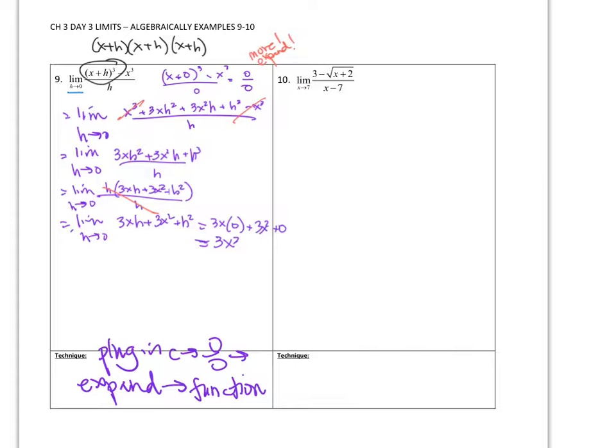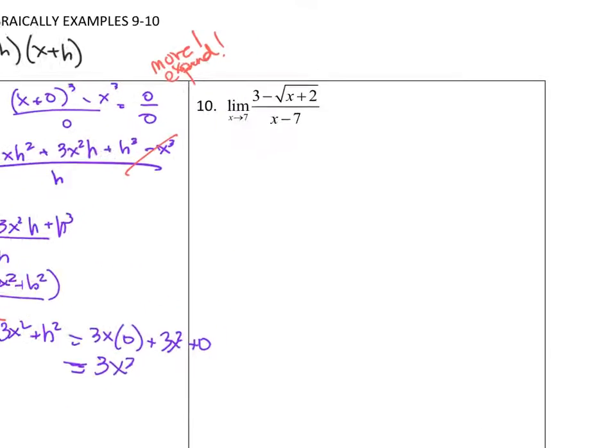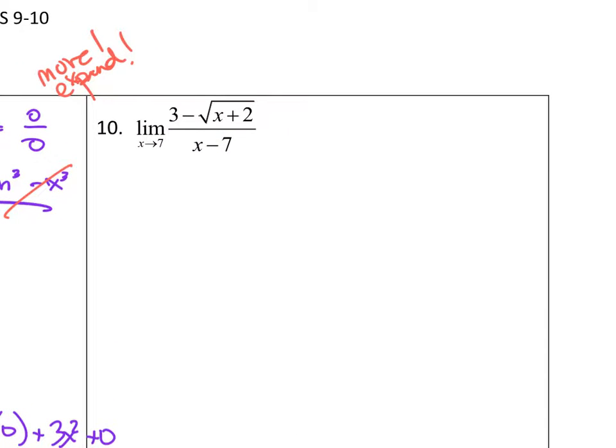All right, on to problem number 10. So the first thing we want to do is plug in that c value of 7. So we're going to get 3 minus the square root of 7 plus 2 all over 7 minus 7.